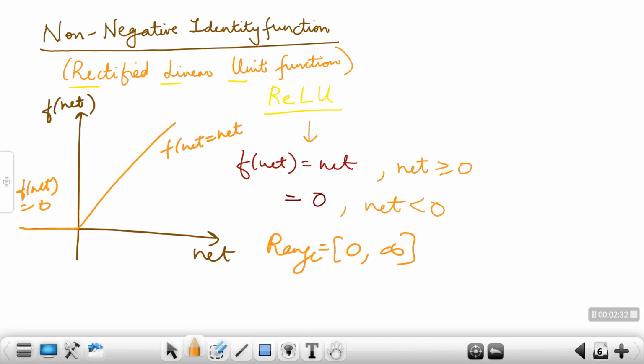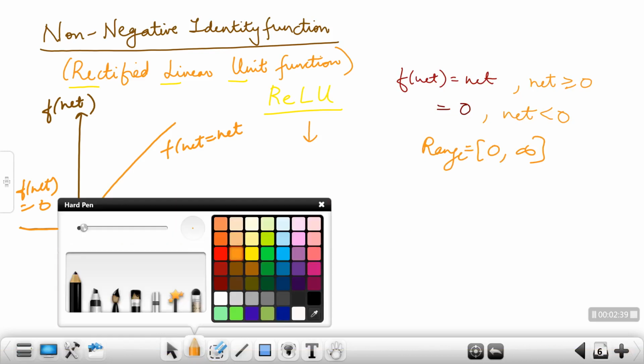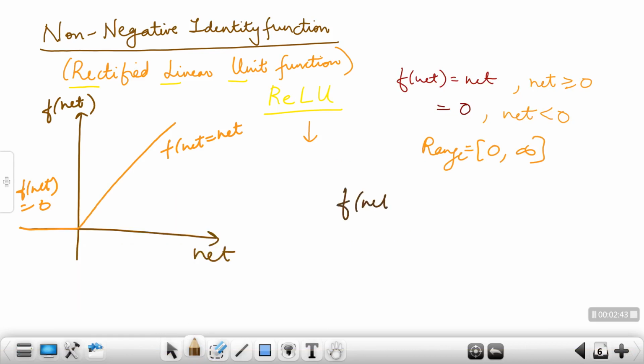Now we shall take one equation and see whether it holds true. I would write this equation as f of net is equal to maximum of 0, net.